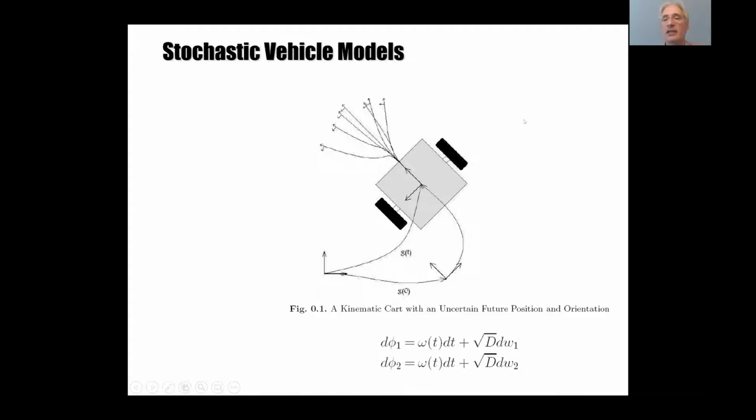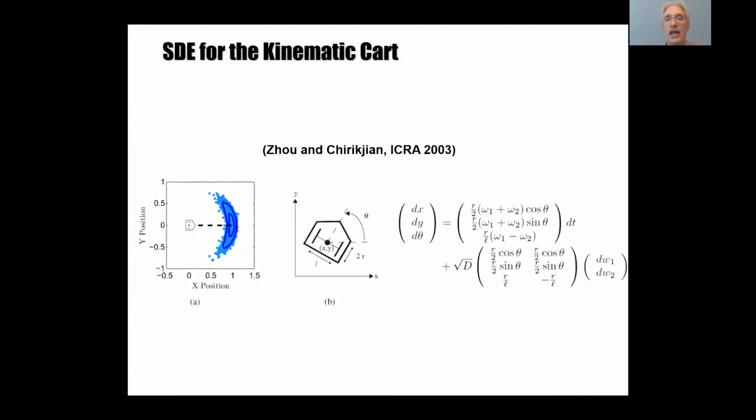So in fact, this describes a stochastic process on SE2. And there's a stochastic differential equation that describes it. And you ask, is that an Ito equation or is that a Stratonovich stochastic differential equation? And the answer is, in this case, we luck out. It doesn't matter.